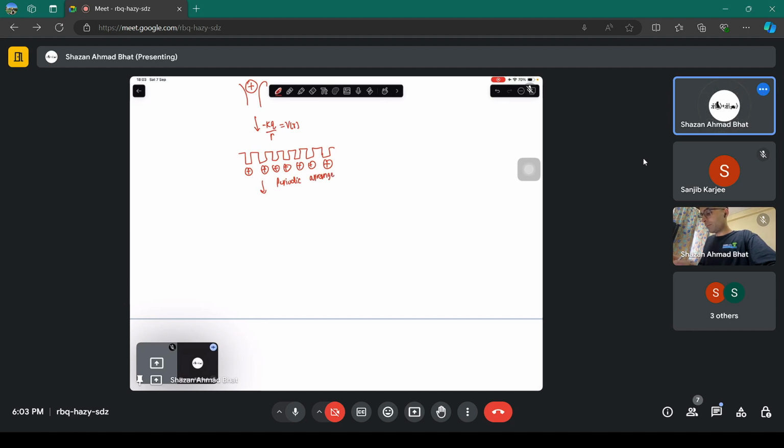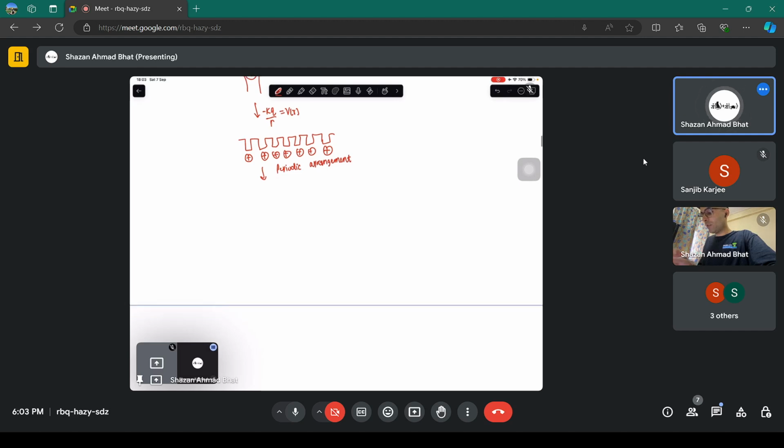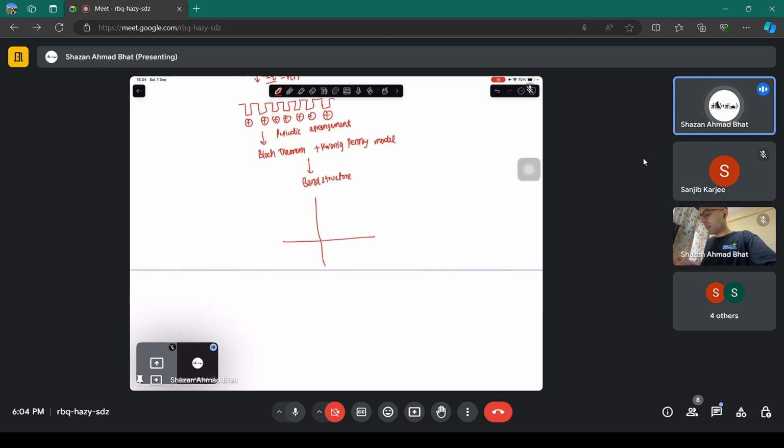Once you do that, you use Bloch's theorem plus the Kronig-Penney model to arrive at something called the band structure, where you show that there are certain values of the energies of the electron which are acceptable, and you show them in the first Brillouin zone.